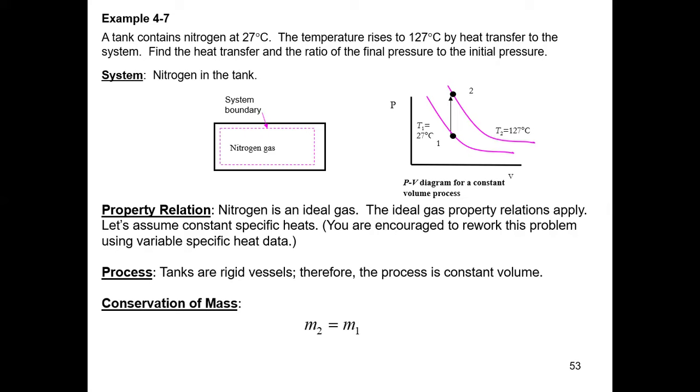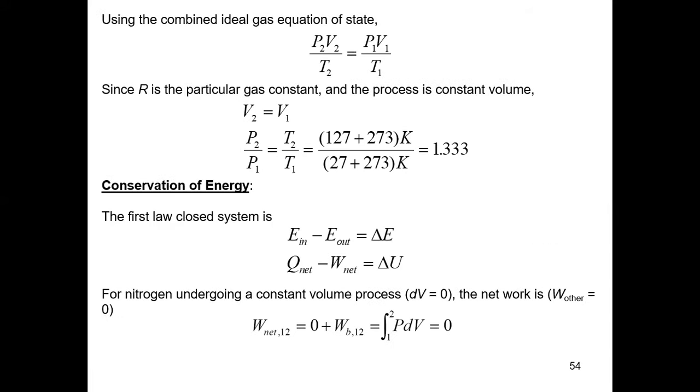First, the constant volume process going from 1 to 2. Okay, so conservation of mass, because it's a closed system, M2 is equal to M1. Plug it in. P2 divided by P1 is 1.333.